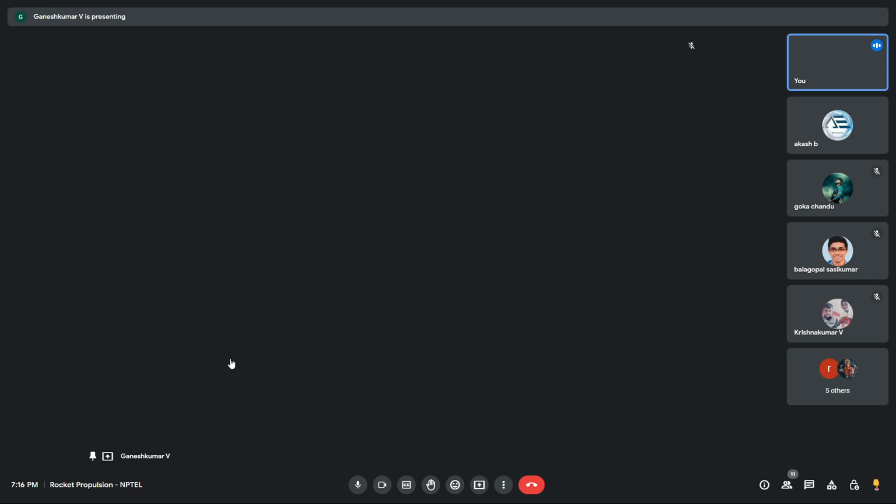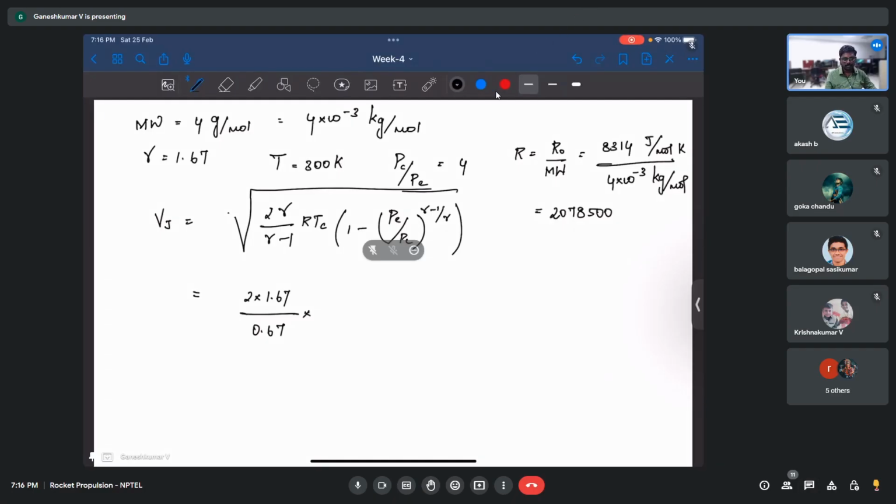See, week 5, it has been corrected. If you look at it, R naught is 8.314. So in week 4 there is a printing mistake. So you write an email or post it in the forum, and let's see what they reply. Okay.